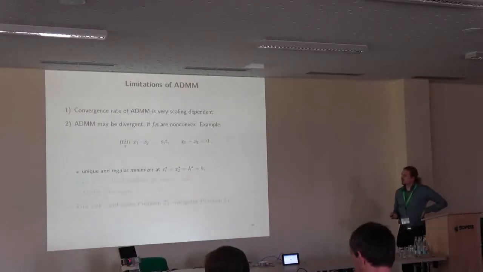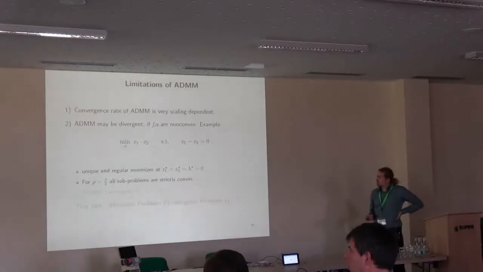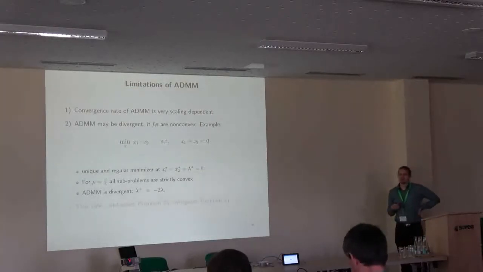So we have a unique regular minimizer. This optimization problem is completely fine. There's no degeneracy. But if we run ADMM, all the subproblems are strictly convex, and yet this algorithm is divergent. So for non-convex functions fi, ADMM does in general not converge.